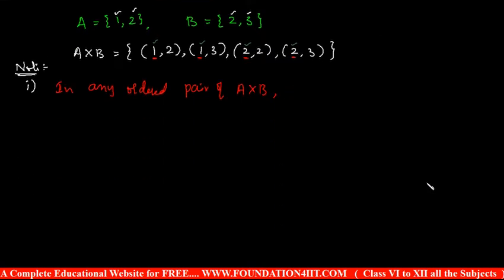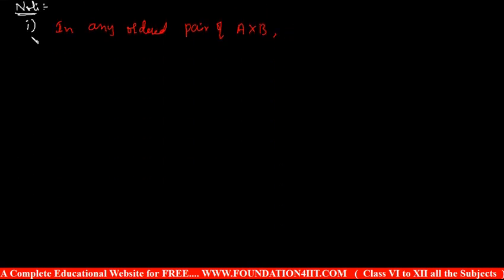Let us see some more. In this, the first coordinate belongs to A and the second coordinate belongs to B, because A and B are two sets.